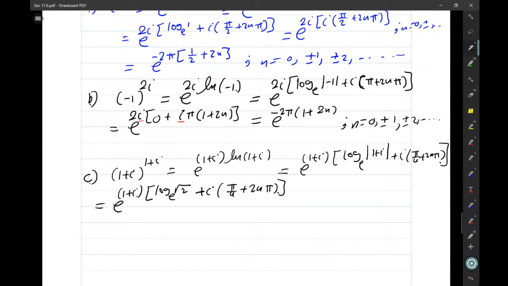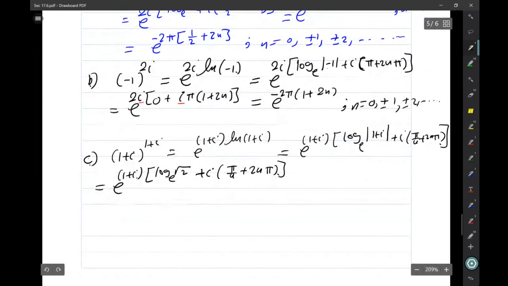Right. Now we need more simplification. Enter 1 plus I into these big brackets, so that becomes e to the power log square root of 2 with base e plus I times pi over 4 plus 2n pi.